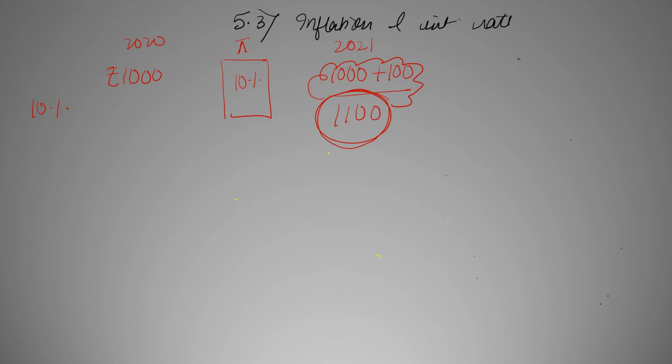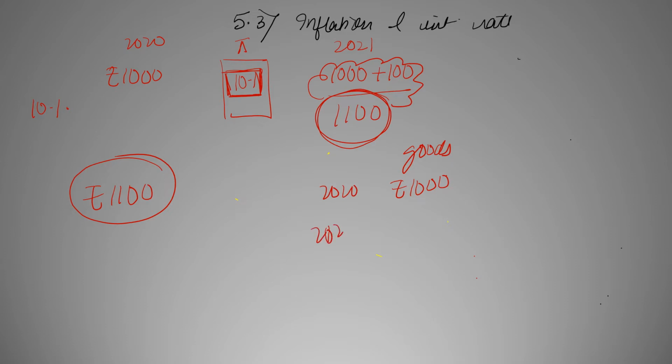Now, since you are an economist, you started with your calculations and realized that there was also inflation in the economy at that time. Which basically means that I have definitely received 1100, but inflation rose, so the good that I would have got for rupees 1000 in 2020 will now cost me rupees 1100.